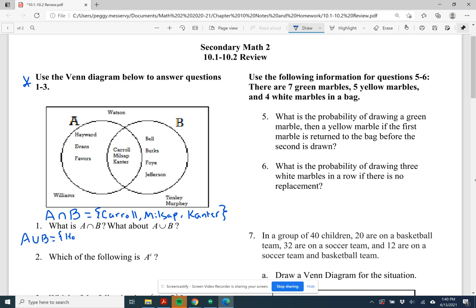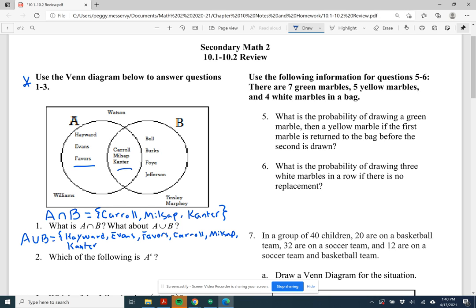So we're going to have Hayward, Evans, Favors, Carroll, Millsap, Cantor.